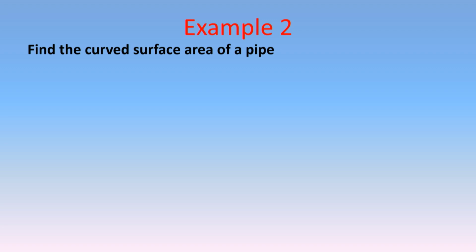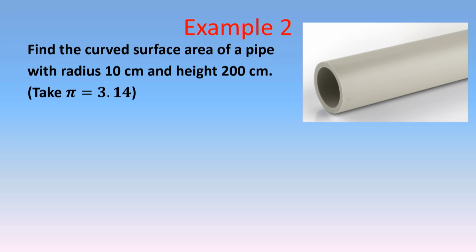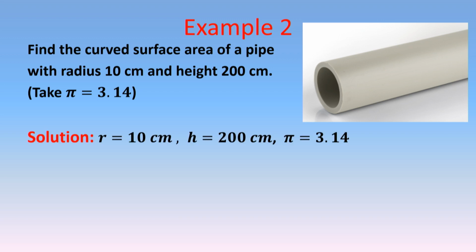Now we move on to the next example. Find the curved surface area of a pipe with radius 10 centimeters and height 200 centimeters. For this example, we will take pi as 3.14. So the radius is 10 centimeters, the height is 200 centimeters, and pi is 3.14.